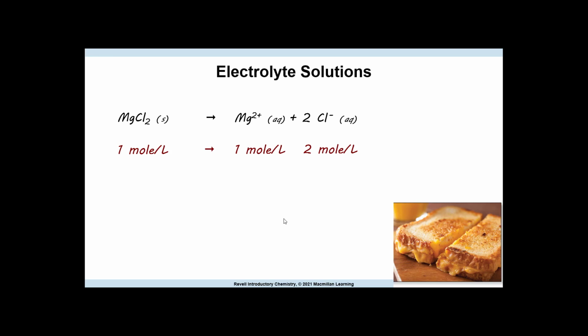This means that the concentration of the chloride ions in the solution is twice as high as that of magnesium ions. We could describe this solution as having a 1 molar concentration of magnesium chloride, or we can describe it as having a 1 molar concentration of magnesium ions and a 2 molar concentration of chloride ions, and both descriptions are correct.